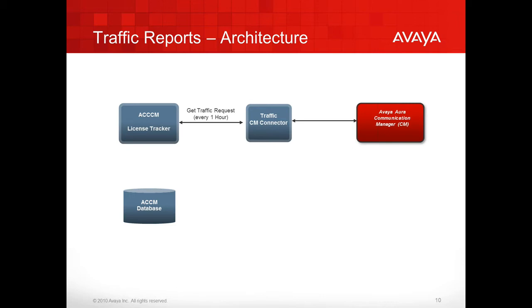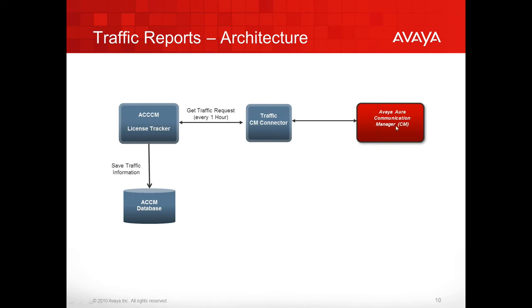The way ACCCM works from a technical perspective regarding the new traffic reports in Release 7, we got our CM connector right here. The license tracker will go about and send or trigger the CM connector to connect into the communication manager on our given interval.